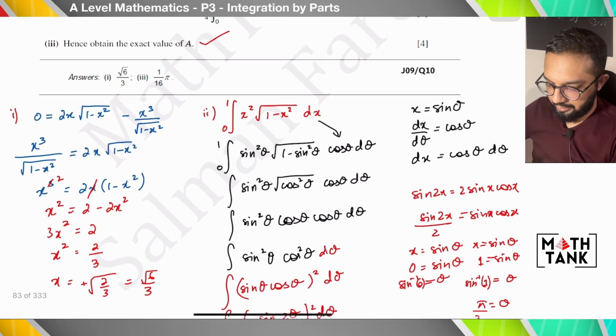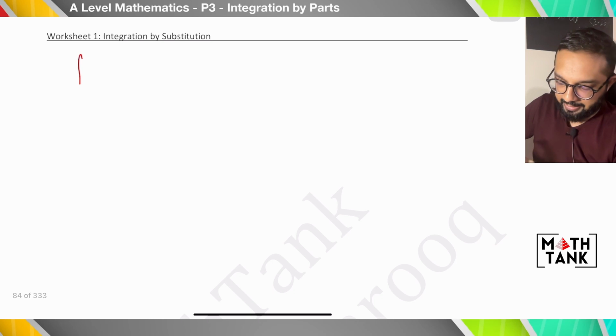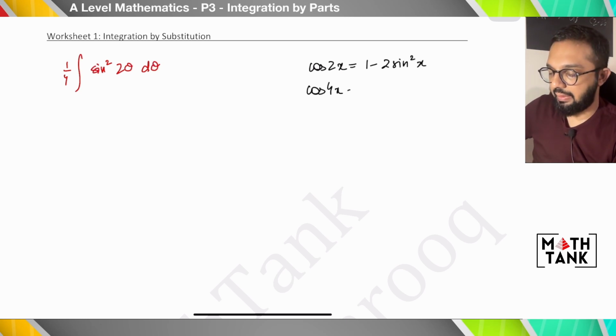Then it says hence obtain the exact value of A, so I'm going to try to integrate that. I'm going to say that sine squared 2 theta d theta has to be integrated. Now remember that we've done this before, that cos 2x is 1 minus 2 sine squared x, and cos 4x is 1 minus 2 sine squared 2x.